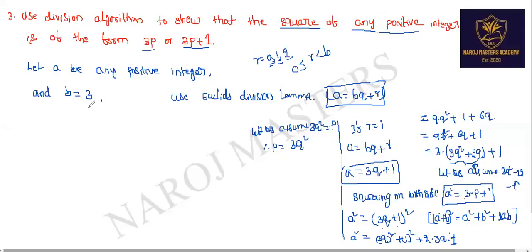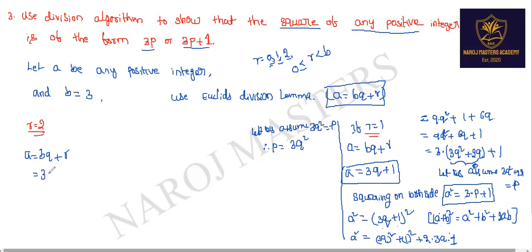Let me take the value of r equal to 2 now. r equal to 0 is over. r equal to 1 is over. Now let me take r equal to 2. Now substitute r equal to 2 in this equation. a is equal to bq plus r.